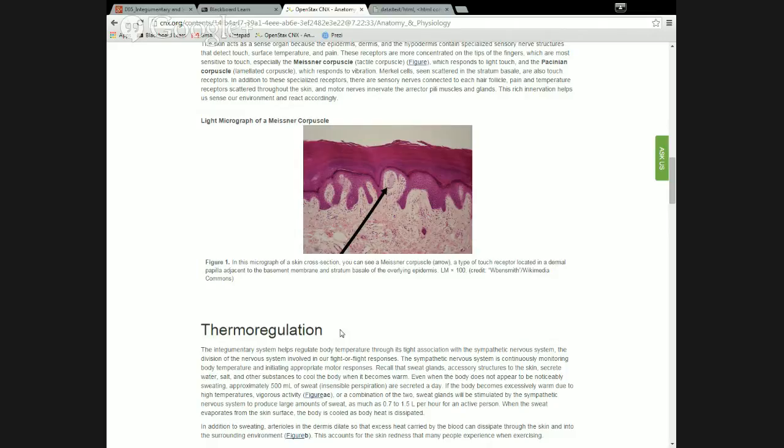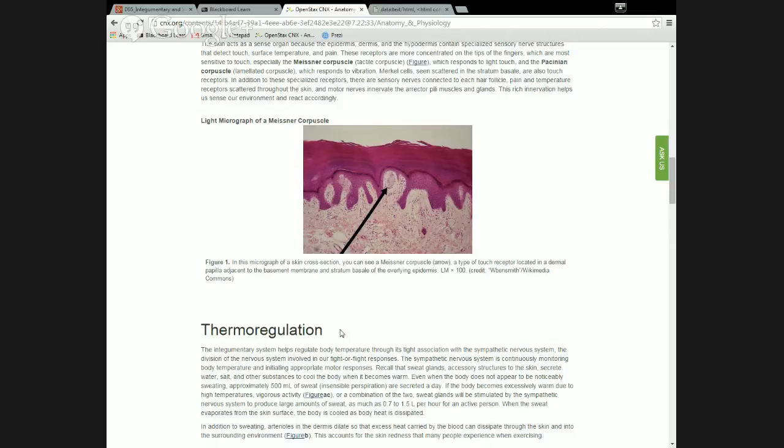But what else happens in your skin when you have to control body temperature? What's another example of something that happens in your skin besides blood moving in and out or hair standing up? Sweat, right. So what tissue is sweat going to be coming from? Right. So sweat glands, obviously, are glandular tissue.